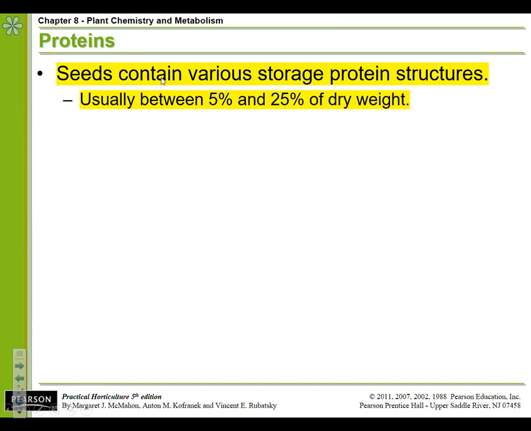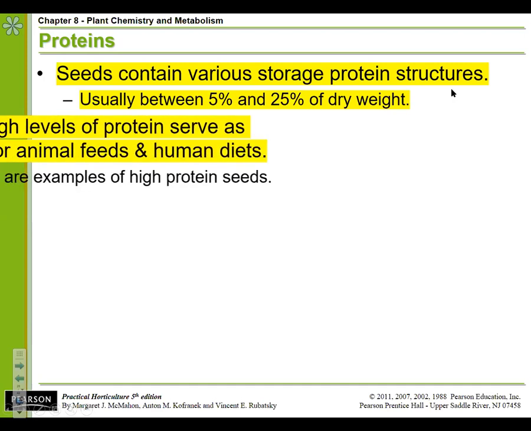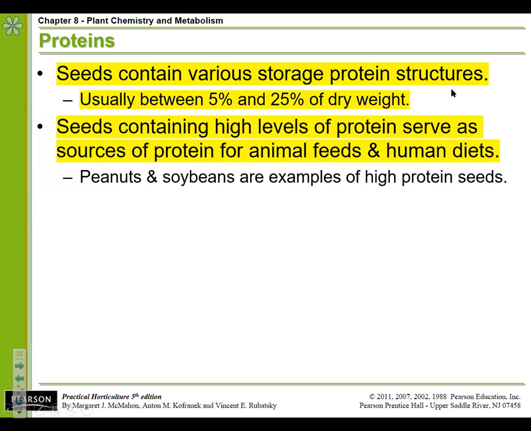And so seeds contain various storage protein structures, and proteins actually make up between 5 and 25% of the dry weight of seeds. Those seeds that contain high levels of protein serve as the sources of protein for animal feeds and for human diets. So peanuts, soybeans, really most nuts are sources of these proteins.